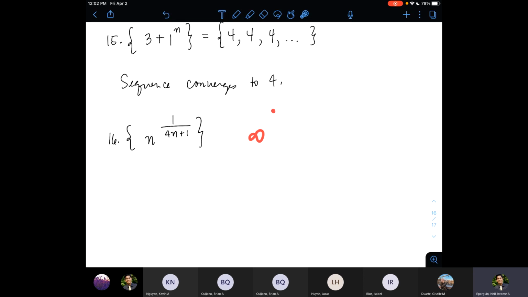If n becomes large, 4n plus 1 becomes large, and 1 divided by a large number will be close to 0. So essentially, we get a very large number raised to a very small number, right? That's infinity raised to the 0, which should remind you of the indeterminate forms that you encountered in Cal 1.